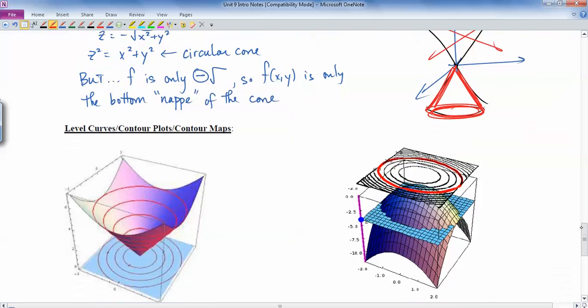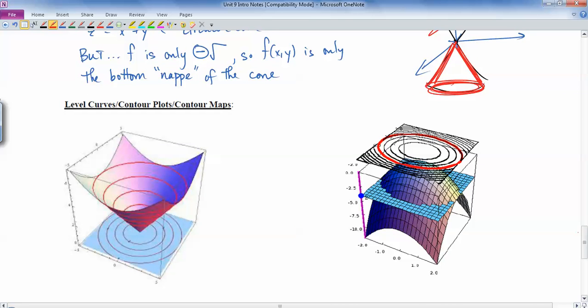So now we've got this thing called level curves, or they're also called contour curves, or contour plots, or contour maps. There's a whole bunch of different names for basically the same idea. And those are kind of like the topological maps that you see sometimes that show elevations of mountains and things like that. So I just showed you a couple diagrams.